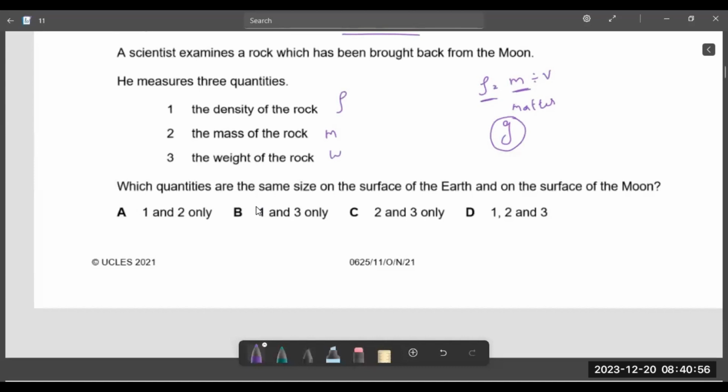And weight is a measure of the gravitational force acting on the object, so it is dependent on gravity. So 1 and 2 will remain the same on the moon and earth as they are independent of gravity. So the right answer is A.